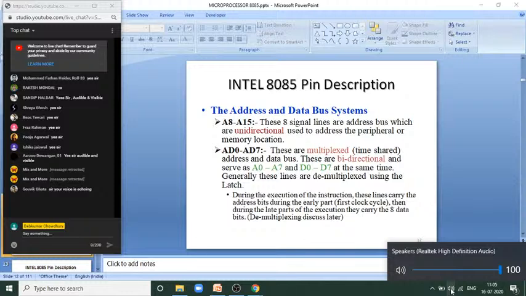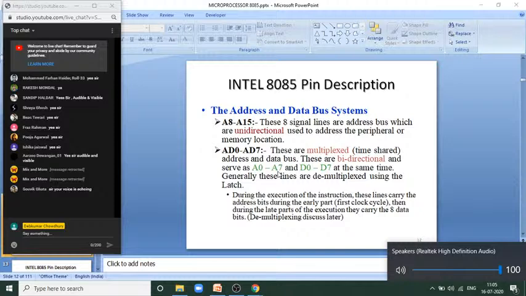Similarly, when data needs to be transferred, D0 to D7, the data bus, is used. They are multiplexed or time shared. During one time A0 to A7 will act as address bus, and at another time D0 to D7 will act as data bus.